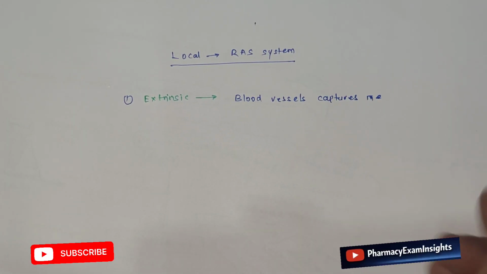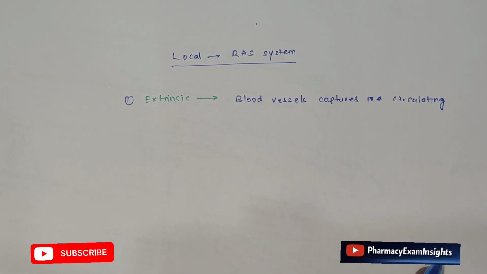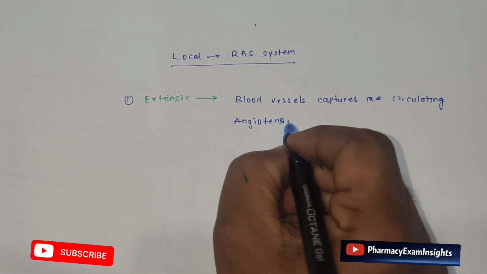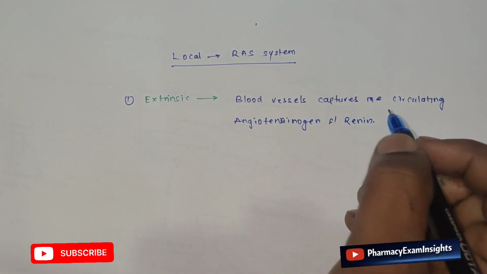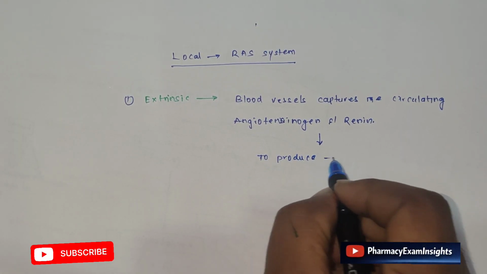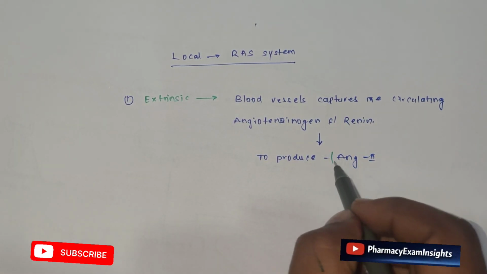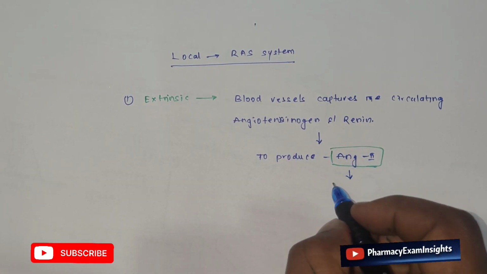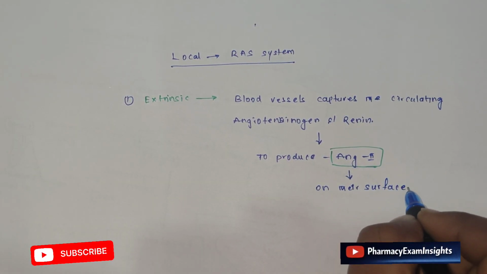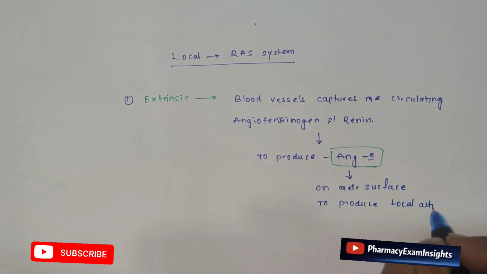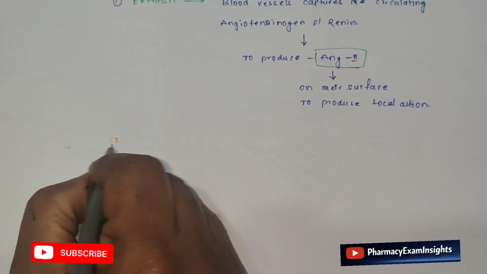First one is extrinsic. Blood vessels capture the circulating angiotensinogen and renin to produce angiotensin 2 on their surface to produce the local action. And second one is intrinsic.